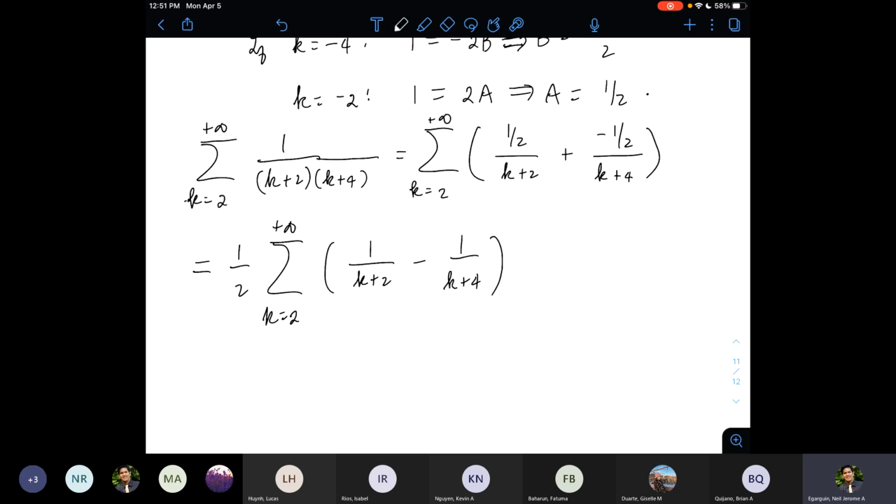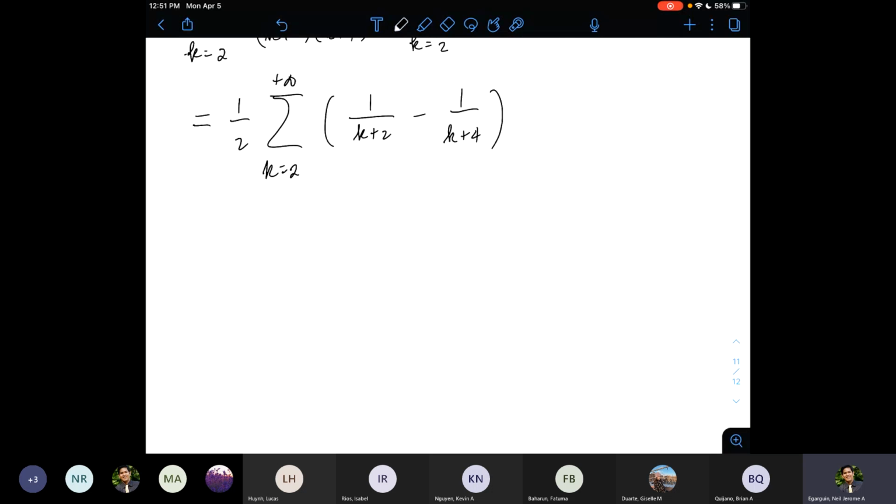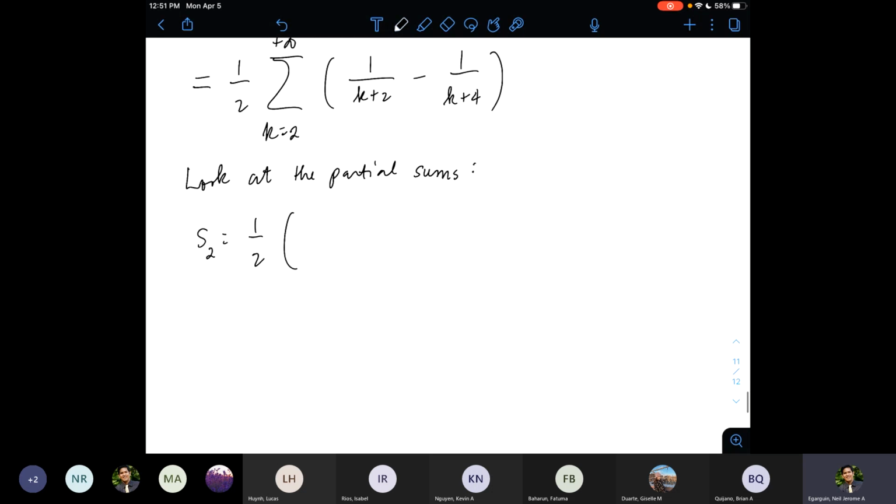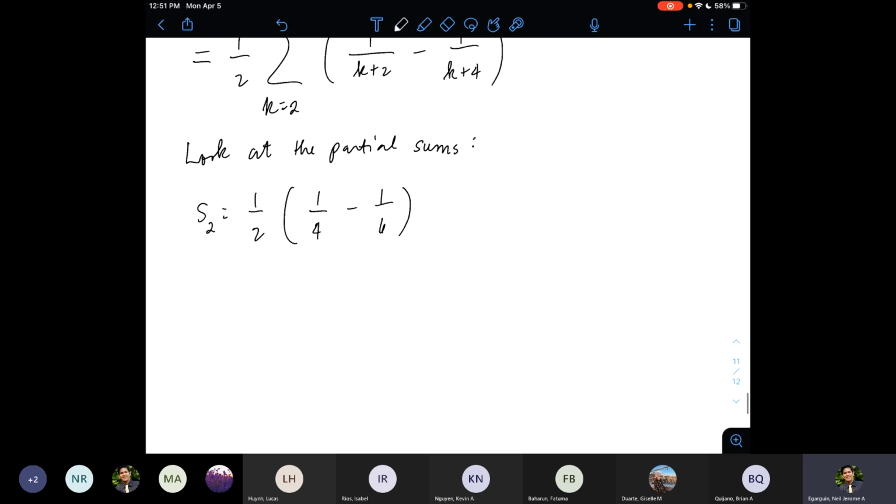This would be a telescoping series, and I will show you why. So let's look at the sequence of partial sums. Let's start with S2. I'll start with S2 just to match the index in the summation. So S2 would be the sum of just plugging in k equals 2. So I'll have the 1/2, which came from here, times 1/4 minus 1/6. That's S2.